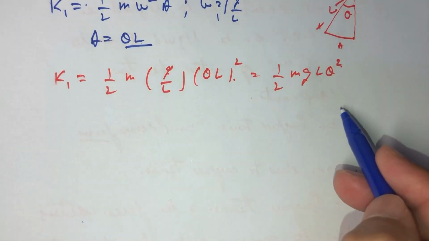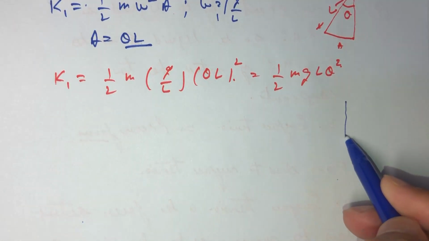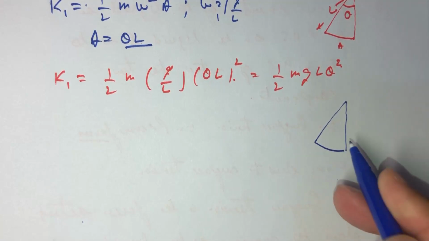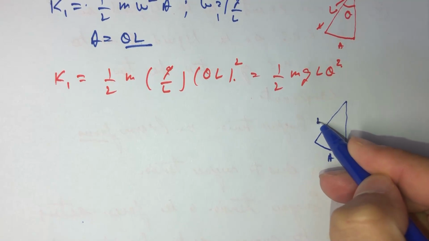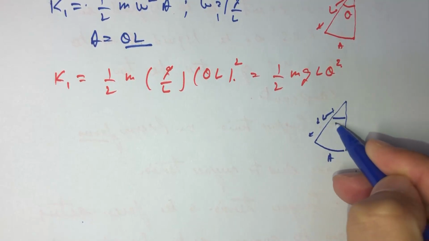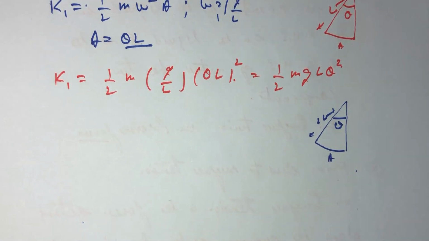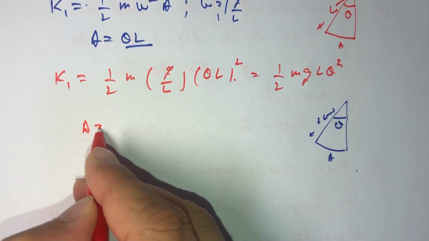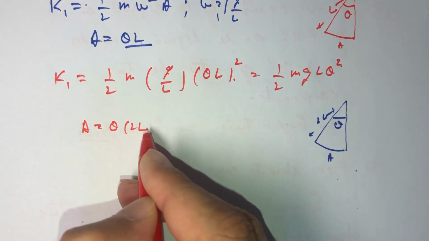So that is the first case. Similarly for the second case, this A is the same, so here it will be A. Now this will be about 2L and this angle theta. In this case, A will be equal to theta into 2L.